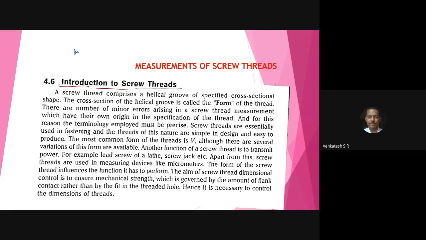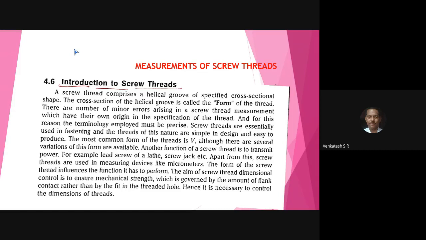For engineering applications, we use V thread, Acme thread, and buttress thread, and again the threads are classified into two: one is metric thread, the other is British thread.